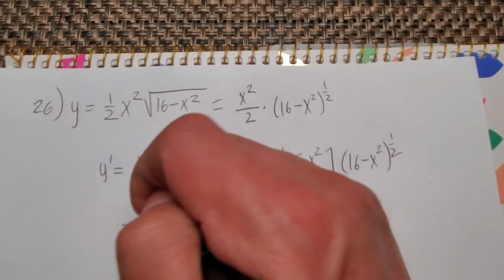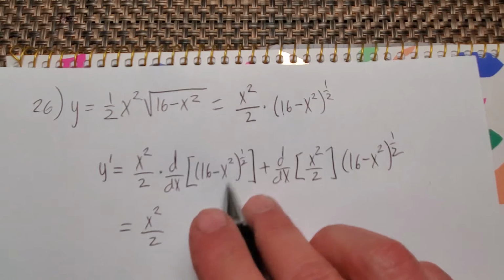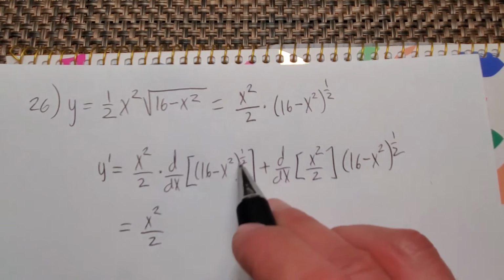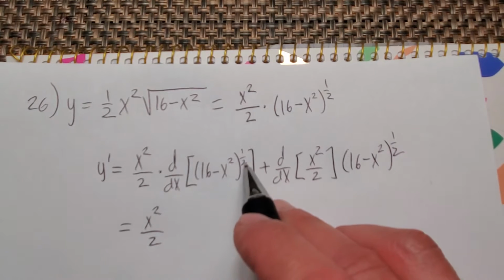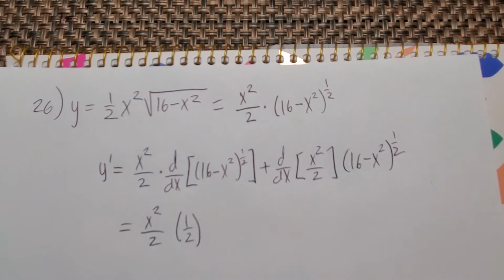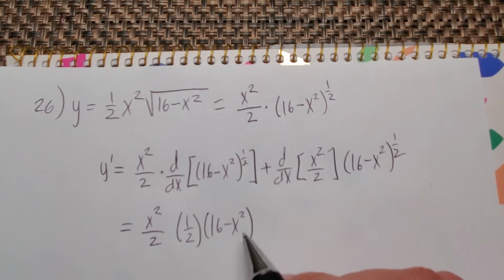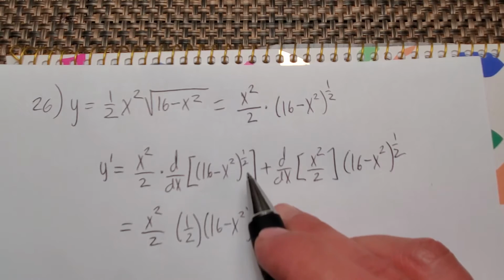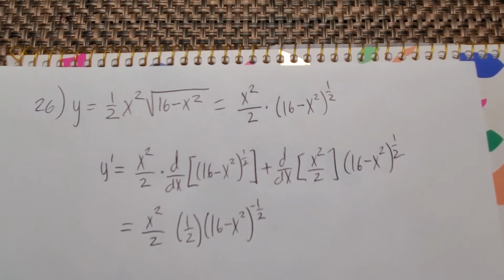Okay, so let's get started. The derivative of 16 minus x squared to the 1/2: notice we're going to have to use the chain rule here because we have something to the 1/2 power. So to find the derivative of this, first we take the exponent and bring it to the front as a coefficient, times 16 minus x squared to the 1/2 minus 1, which is to the negative 1/2.